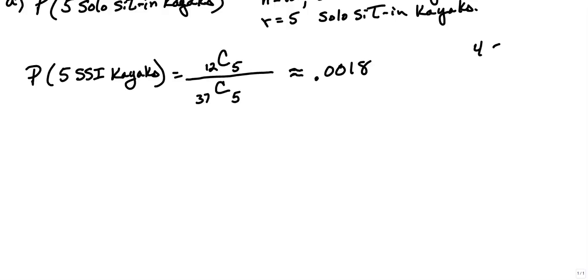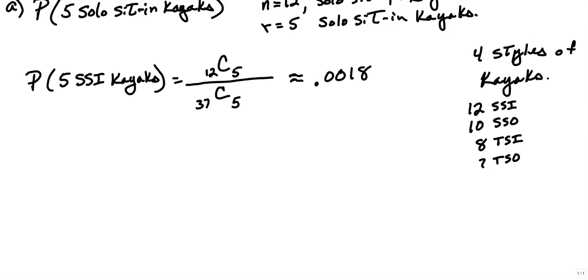Remember, there are 4 styles of kayaks, and we need the numbers of the kayaks. I've rewritten the numbers for each one of the styles. We have 12 solo sit-ins, 10 solo sit-ons, 8 tandem sit-ins, and 7 tandem sit-ons.